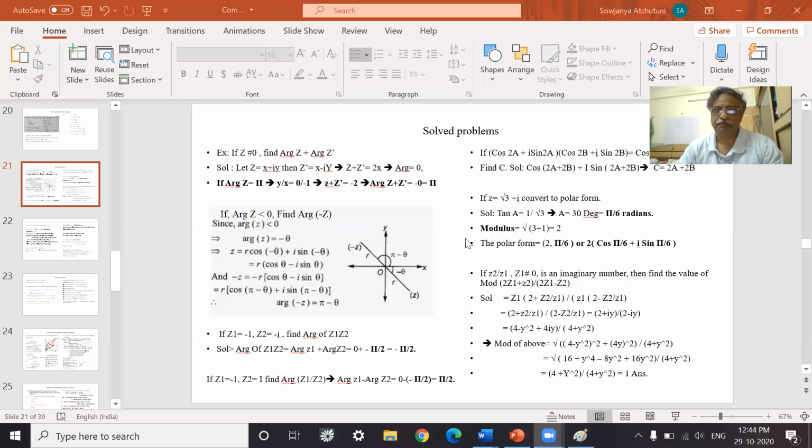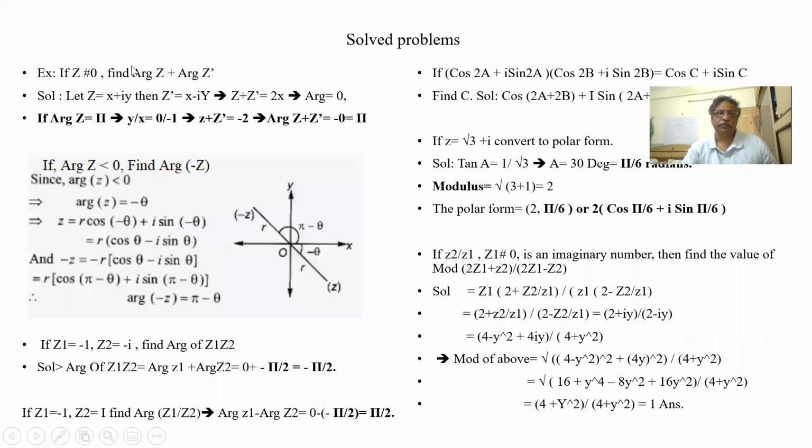Now let us practice some problems on complex numbers. Let us see. If z is not 0, where z is a vector, find arg z plus arg z dash.